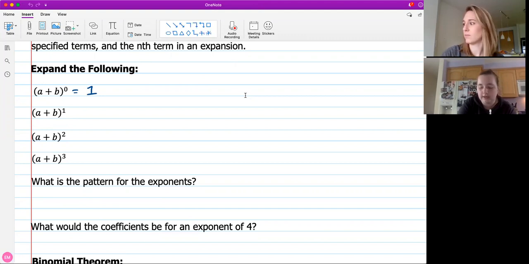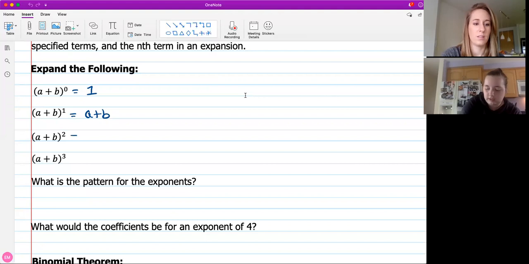And then a plus b to the first power is just going to be a plus b. And then a plus b squared is going to end up being a squared plus 2ab plus b squared.